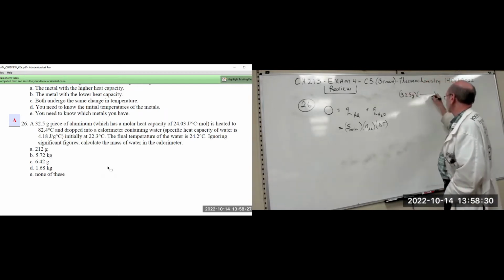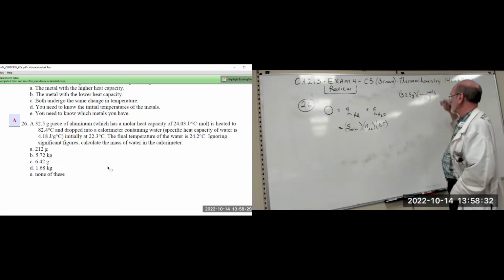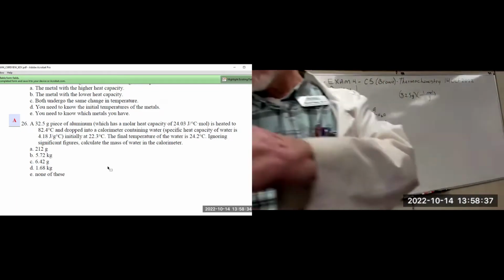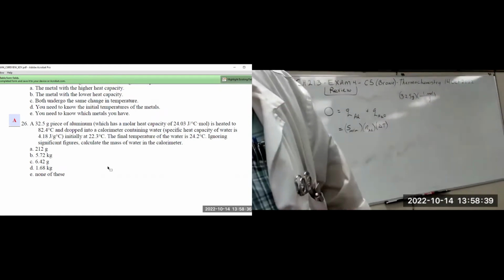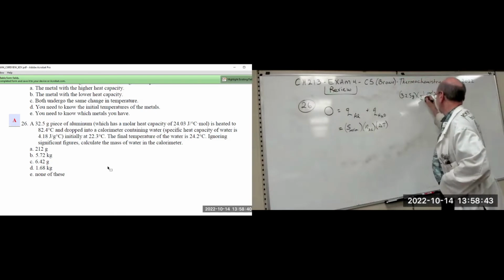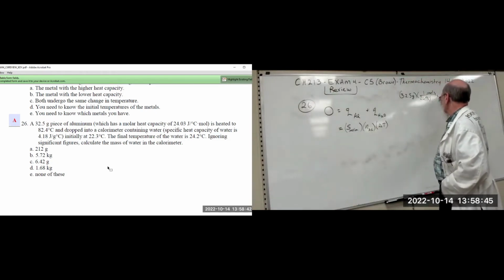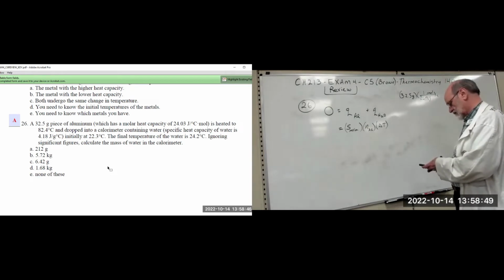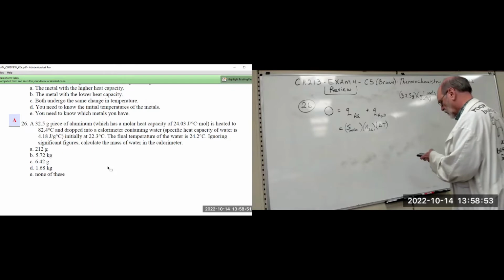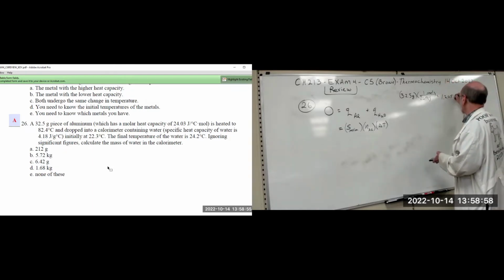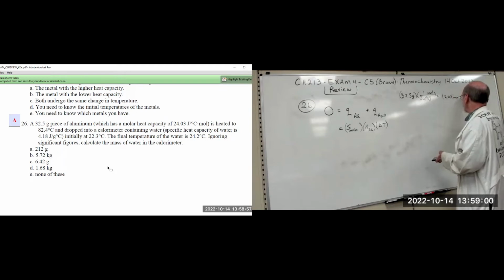How do you do that? Molar mass. So let me see, what's that for aluminum? 26.98. So let's take 32.5 and divide 26.98 into it. 1.205 moles of aluminum.